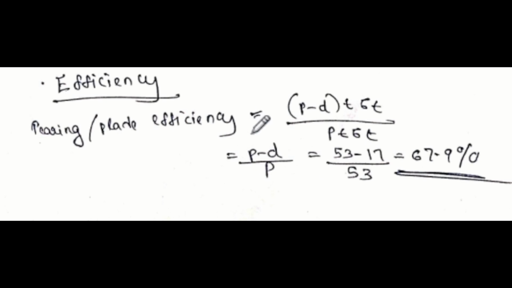The tearing or plate efficiency is the efficiency when it could fail by tearing, right? That efficiency percentage is about 67.9 percent, the percentage at which tearing occurs in the riveted system.